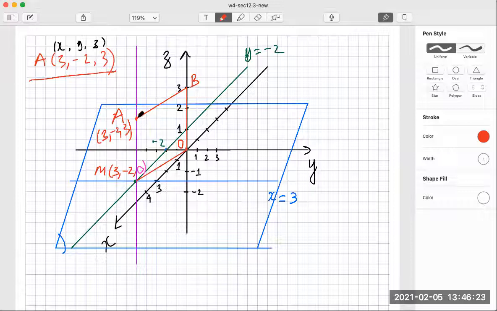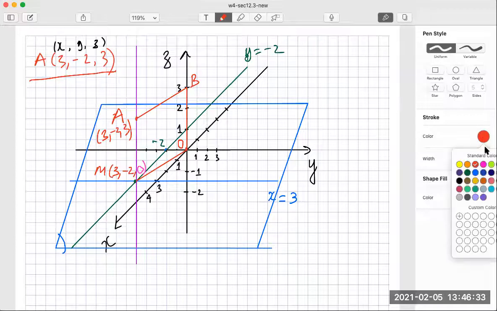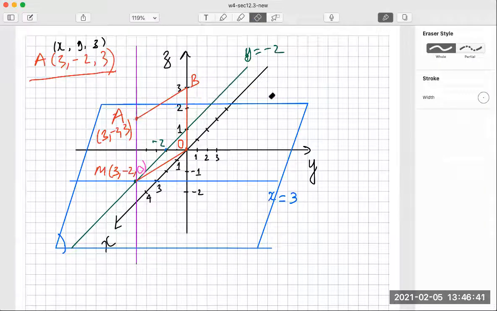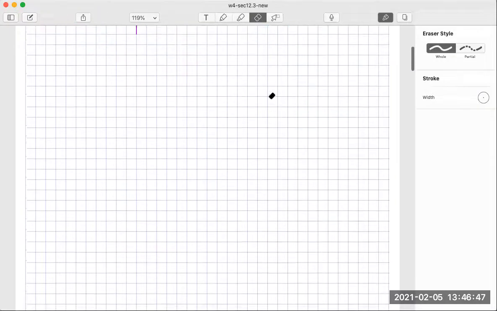Otherwise, you cannot claim that A has this coordinate because I cannot see it if you don't draw this line, right? Or some people may draw it without the coordinate, just imaginary, then this line doesn't make sense, for example, okay? So that is just some review.